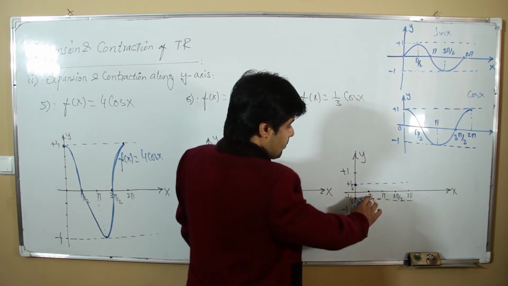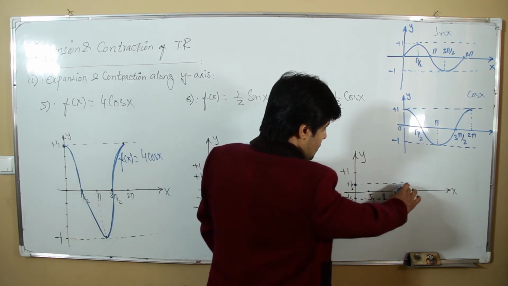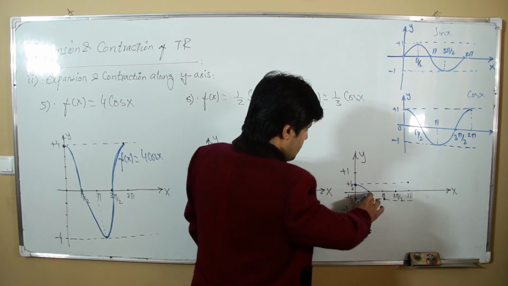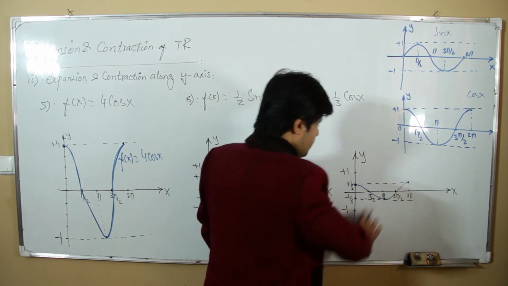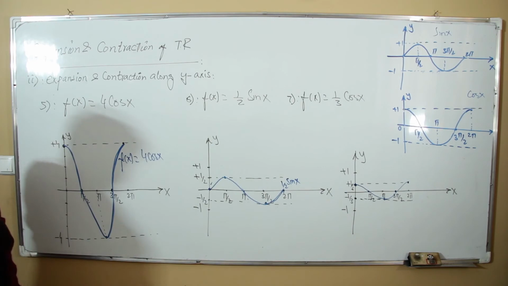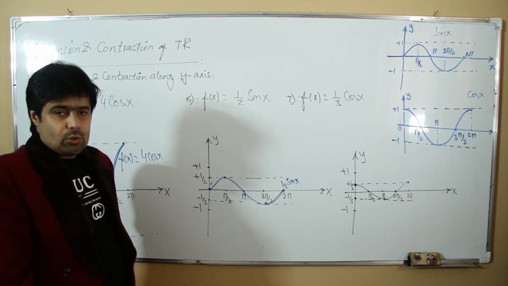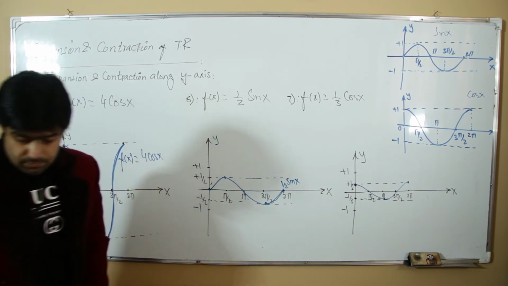The first point it should cross, this is our minimum, it should cross, this is our maximum. This is the graph of the cosine in contraction form along the y-axis. I'm sure that you have got it. Write it please.